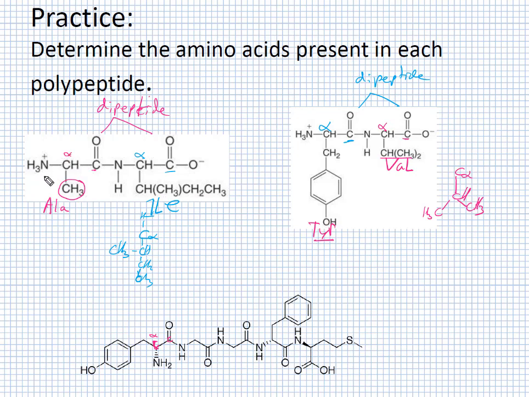Attached to that alpha carbon is an amino group. Now it's not protonated. Maybe I should make this NH3 with a plus charge. So they just kind of changed the way it's drawn a little bit. The side chain is this guy here, right? The phenyl ring with the OH. That's this. So this is a tyrosine. The first one in this peptide is a tyrosine.